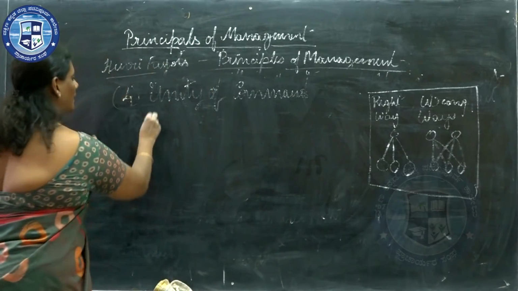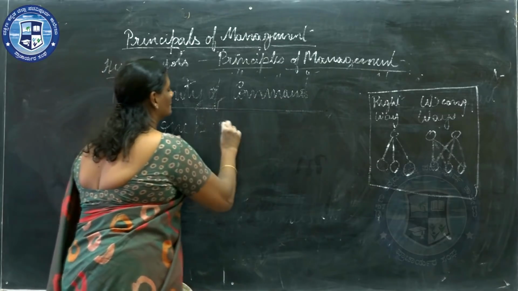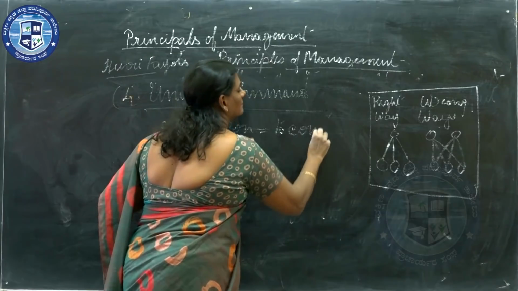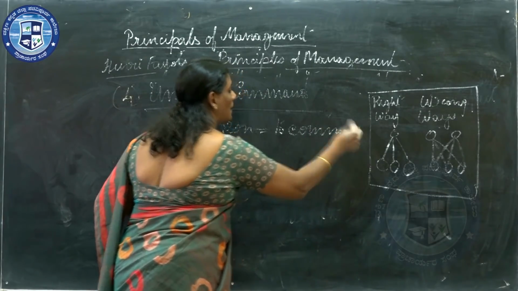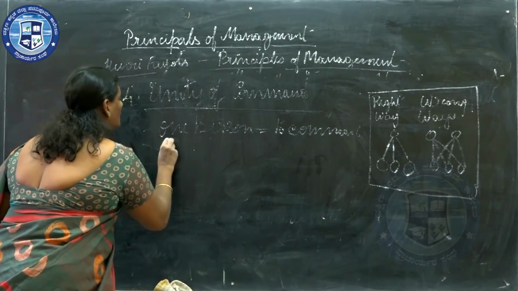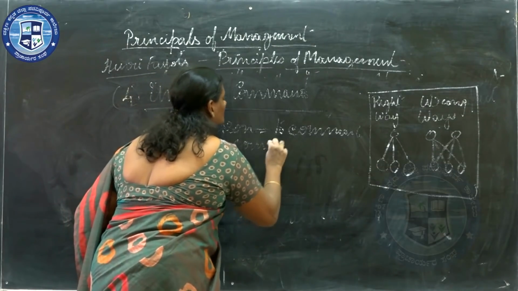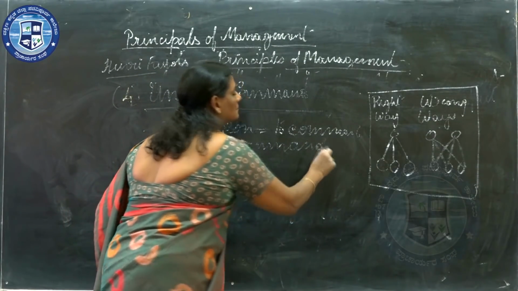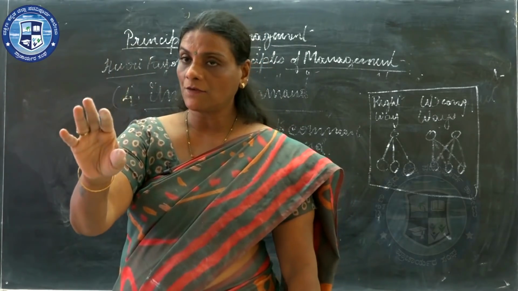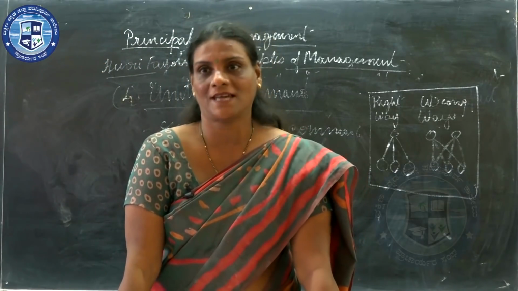So, according to this particular principle, one person to command. Command who? An individual employee. Never can two persons give command. So, an individual can never serve two bosses at the same time.